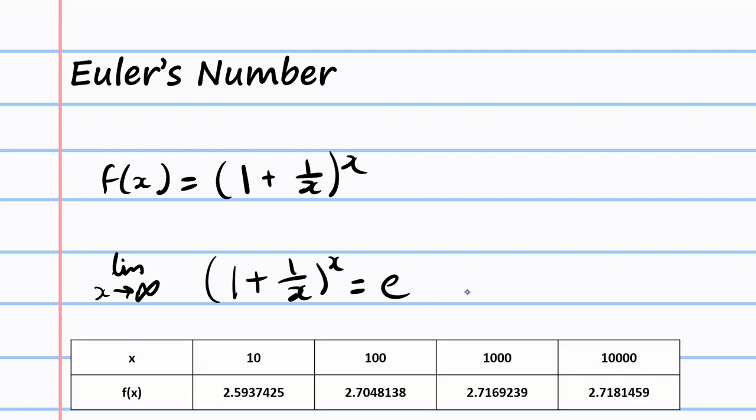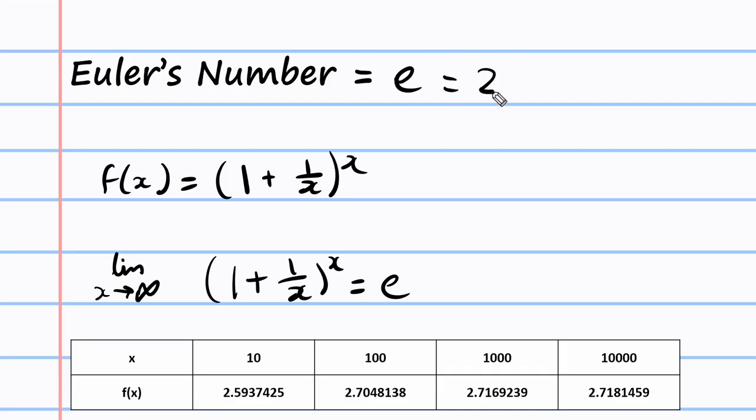And in the table below, you can see that as x gets greater and greater, f of x begins to approach a certain value around 2.7. And that's Euler's number.